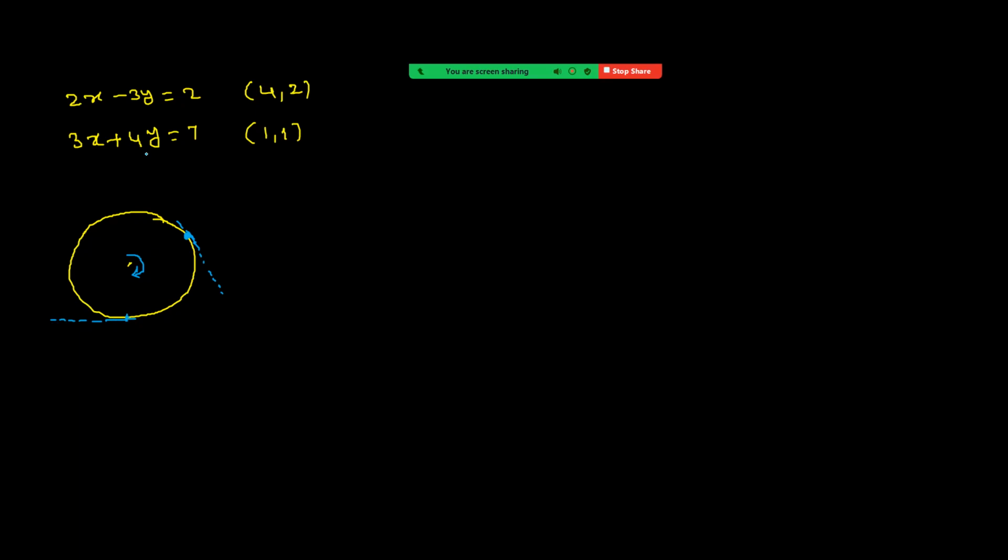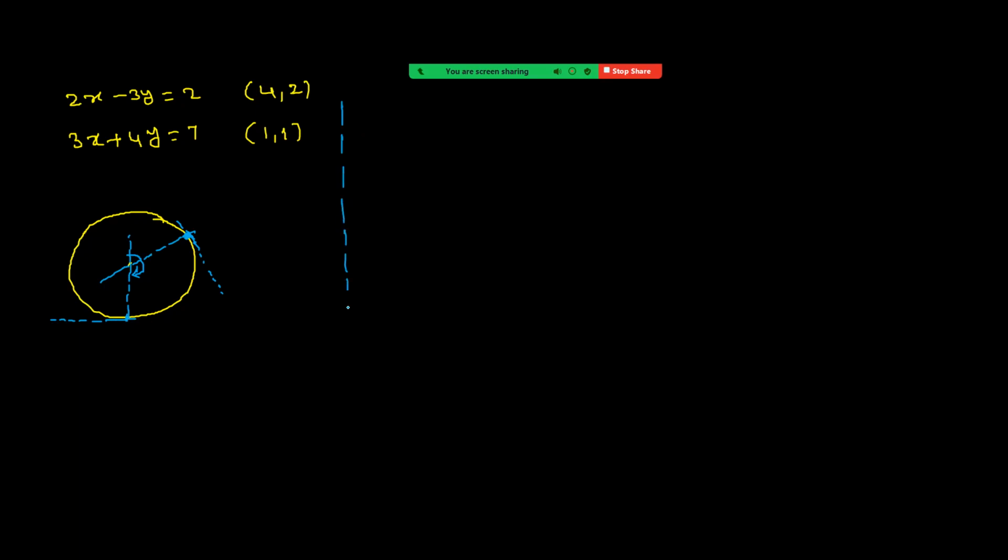So this is the line equation, and this is the coordinates of that point. So if we draw normals for those lines, the point of intersection of the normals gives us the axis of rotation. So I hope you are getting it. Once it is clear, the remaining is just a calculation part.